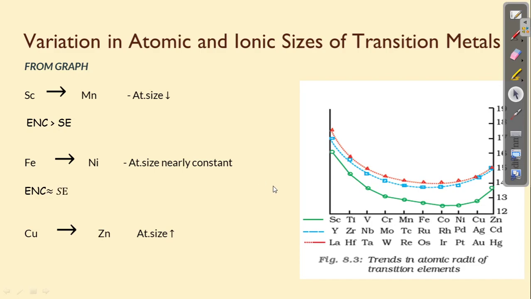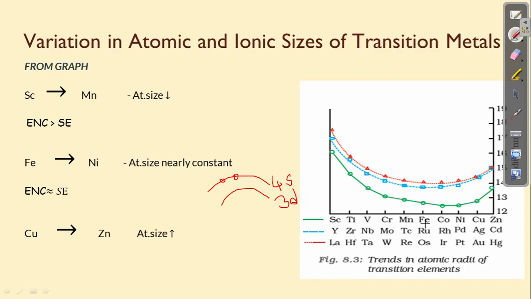Why is it counterbalancing? Because we all know that the d orbital electrons are filled only after the s electrons are filled. So the 4s orbital will have 2 electrons, and the 3d orbital, which is the inner orbital, will fill one by one from scandium to zinc.